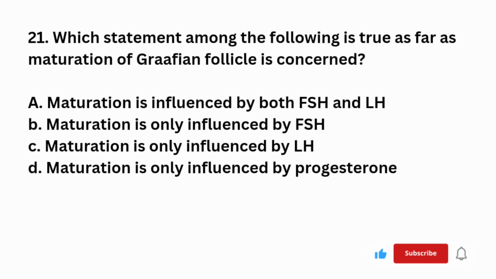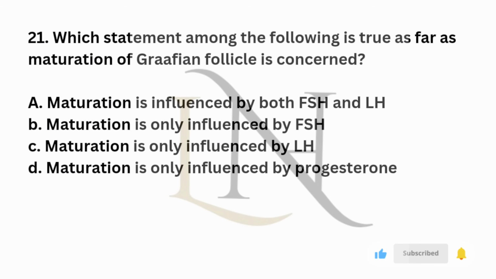Next question. Which statement among the following is true as far as maturation of Graafian follicles is concerned? Option A, maturation is influenced by both FSH and LH. Option B, maturation is only influenced by follicle stimulating hormone.